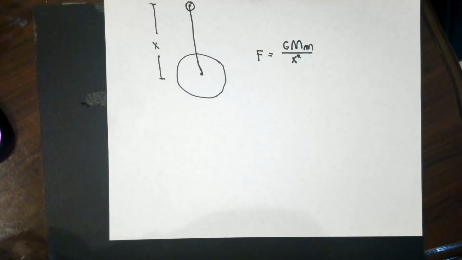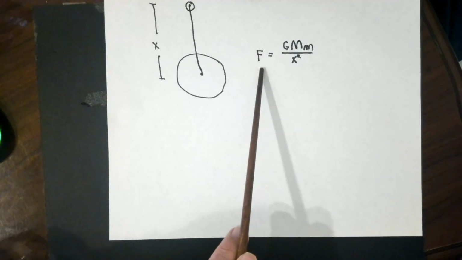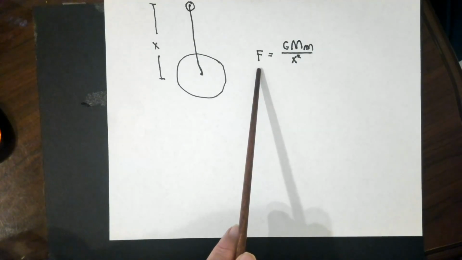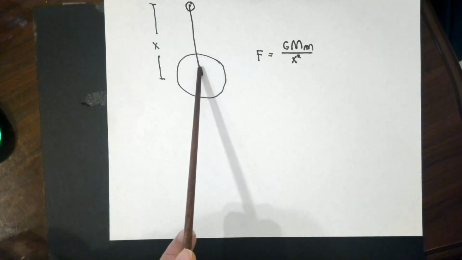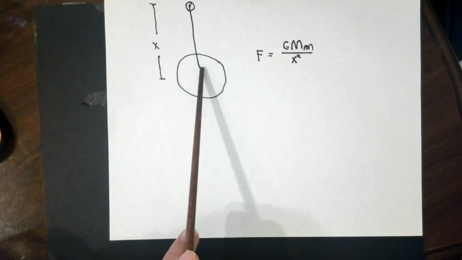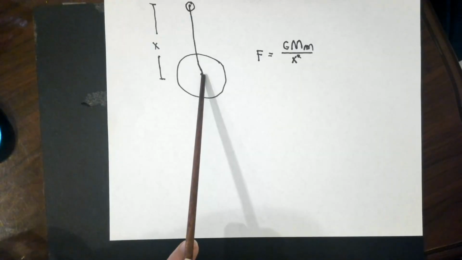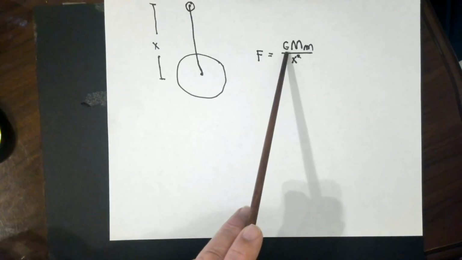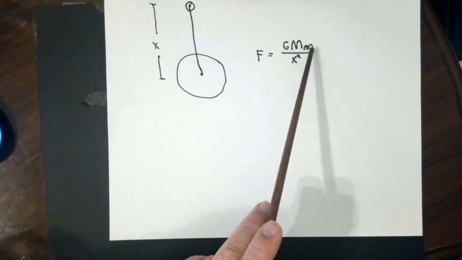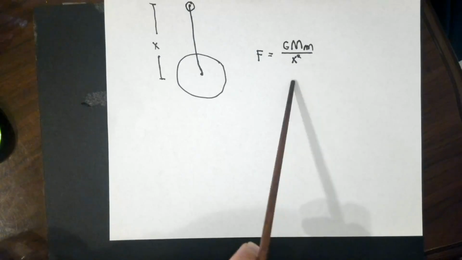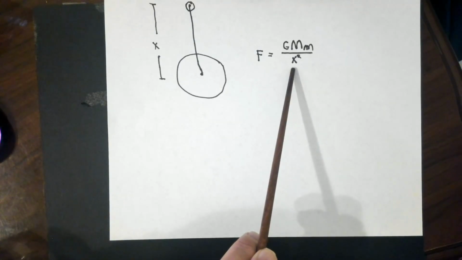Newton's inverse square law of gravitation says the gravitational force acting between two objects, that is, the force on this object caused by that object, or the force caused by the small object on this object, is given by a universal constant times the mass of the first object times the mass of the second object divided by the square of the distance center to center.